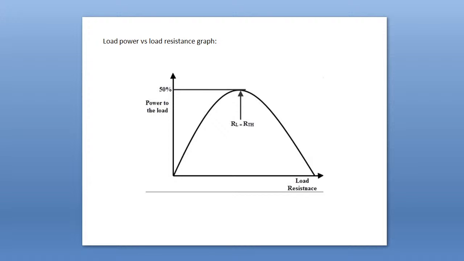If you want to get higher efficiency by considering RL equal to RTH, at that time your system will get damaged. Therefore, you tolerate the efficiency, you accept less efficiency, no problem, but you must avoid the damage or burned out effect of your circuit.